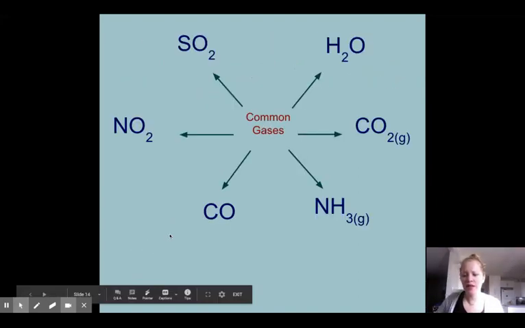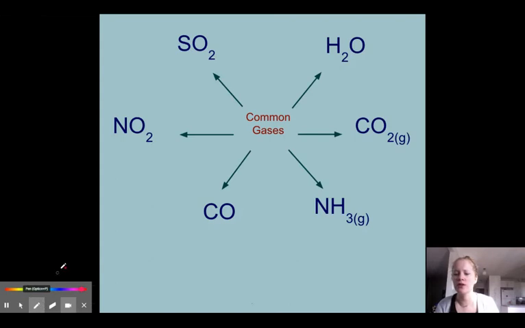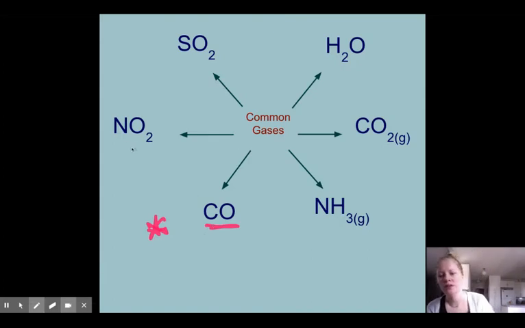These are common gases you do need to know, so I would really highlight or write them down. Carbon monoxide, you already know that one. Nitrogen dioxide, sulfur dioxide, oh, surprise, surprise, water showed up, carbon dioxide, and this one I've mentioned in class before, but I know you might not remember, ammonia.